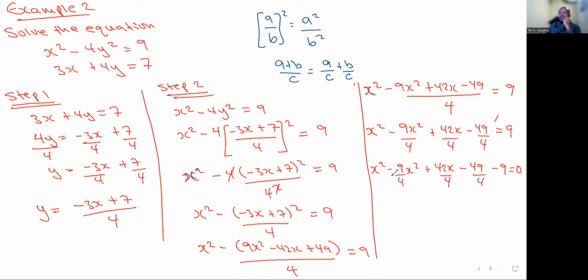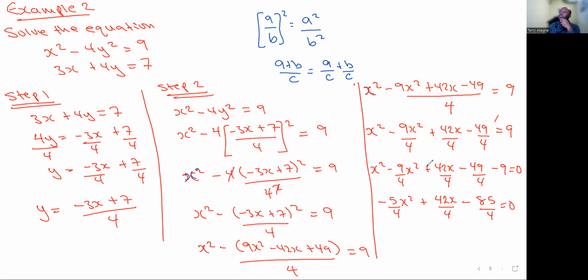x squared minus 9 over 4x squared will give you minus 5 over 4x squared. 42x over 4, we can just leave it like that because I'm going to multiply very soon by 4. Minus 49 over 4 minus 9 will give you minus 85 over 4 is equal to 0.